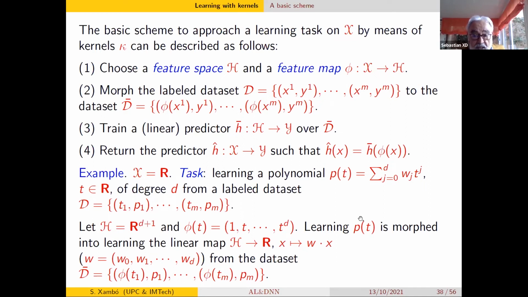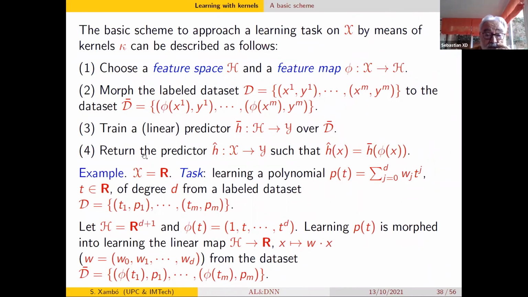Well, learning P of t in the original R is morphed into learning the linear map from H to R, let's say W dot x, with W the coefficients of your polynomial, from the morphed data set phi of t1, ..., phi of tm with values p1, ..., pm. This is very clear. So it means that you can do polynomial regression by doing linear regression in a space of higher dimension d plus 1. And there would be similar things for the case of the polynomial feature map.